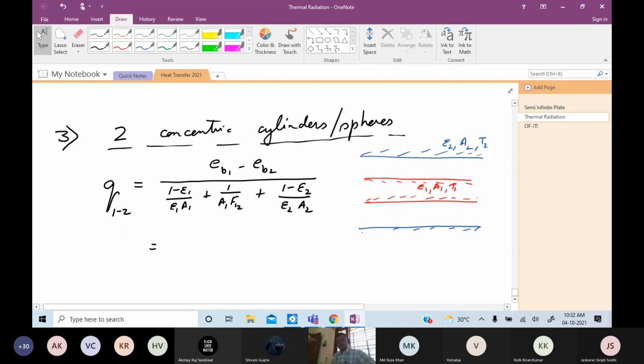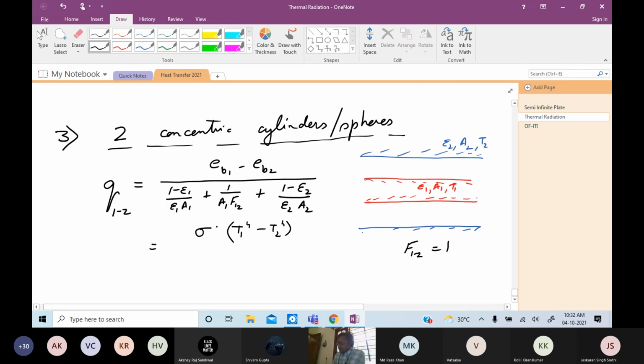Now F12 equals 1, we know that. So sigma (T1 to the power 4 minus T2 to the power 4). I'll keep that over there.